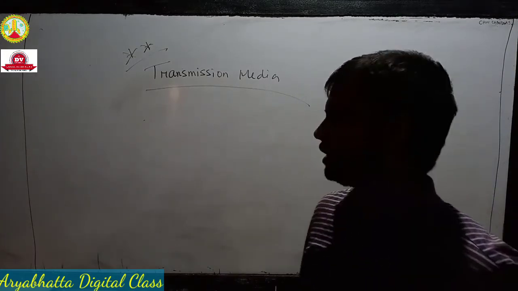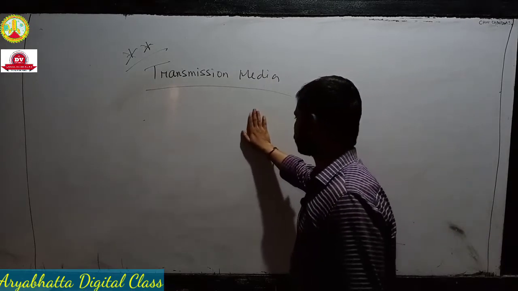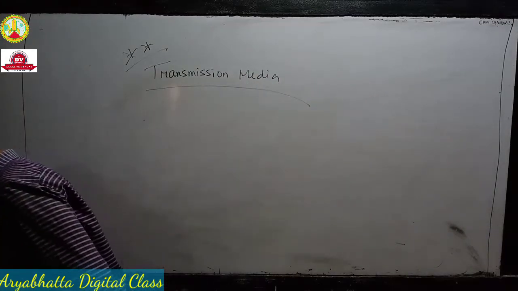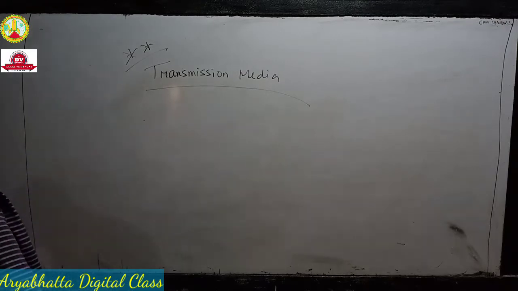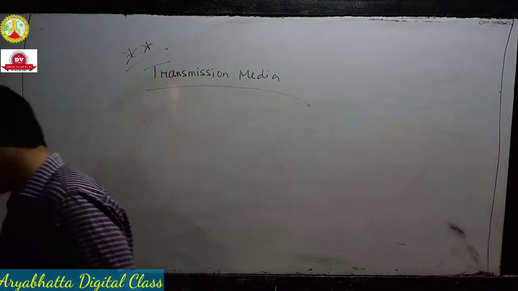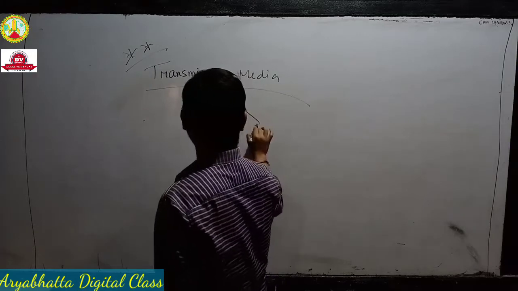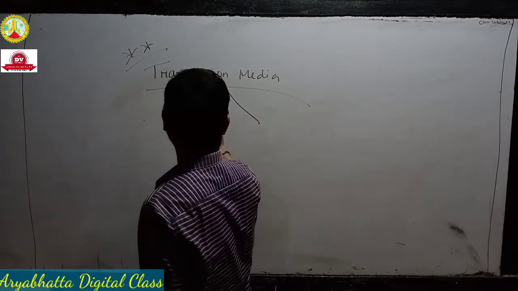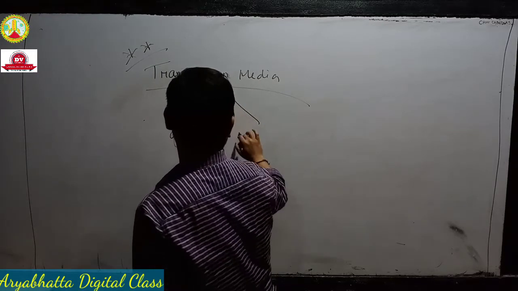Transmission media means what? You already know. There are some topics in transmission media. This transmission media is divided into two parts. One is guided media, one is unguided media.